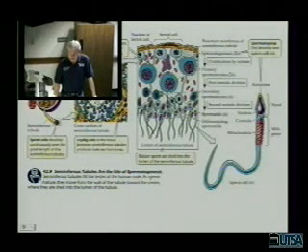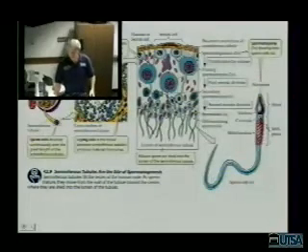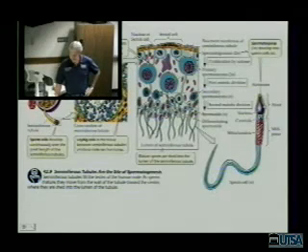It has a head at one end and a tail at the other, and a midpiece or body in between. There are characteristic structures in each of these portions. In the head is the nucleus, the haploid nucleus, and the Golgi apparatus has differentiated into this structure called the acrosome.